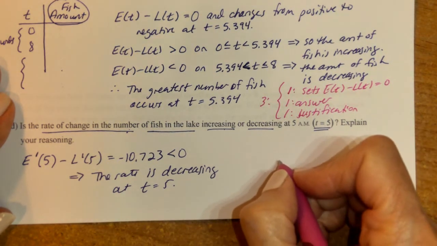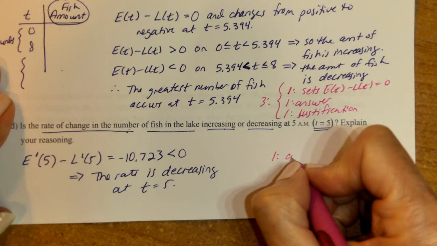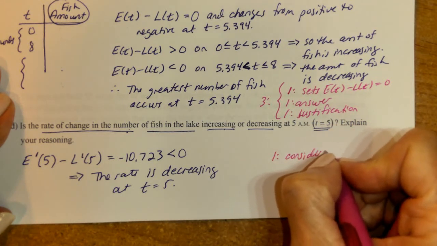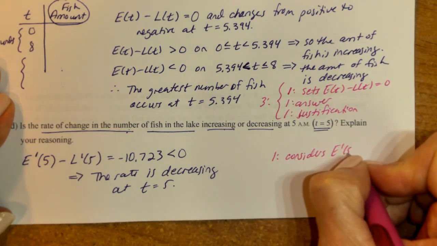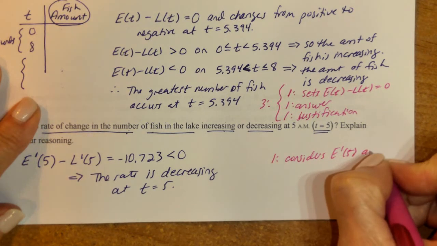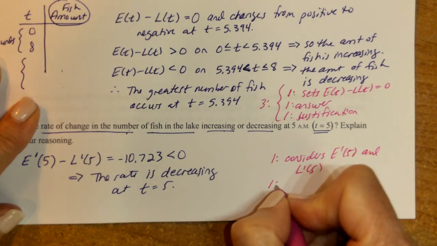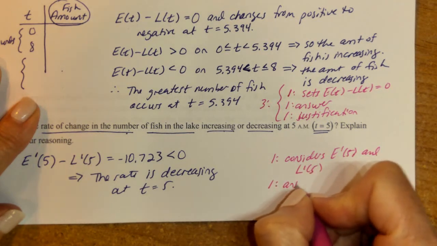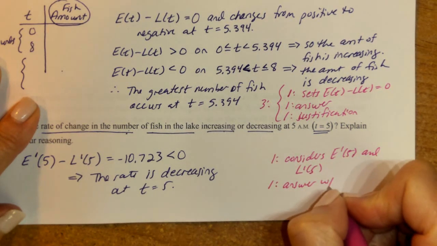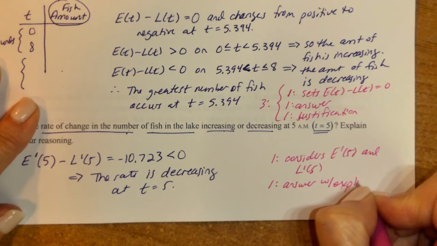For this part D, 1 point for considers E prime of 5 and L prime of 5. And then 1 point for the answer with explanation.